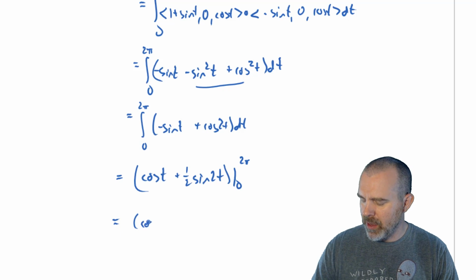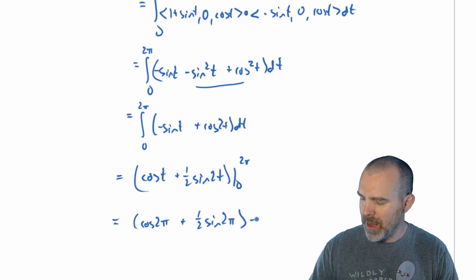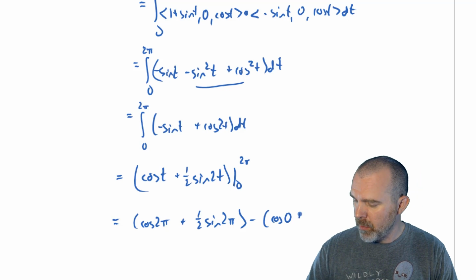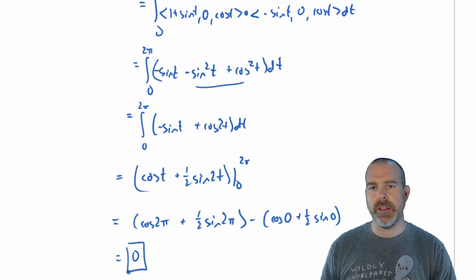Oh, cosine of 2 pi plus 1/2 sine of 2 pi minus cosine of 0, which is the same as cosine of 2 pi, plus 1/2 sine of 0. And that was a lot of work to get another 0.